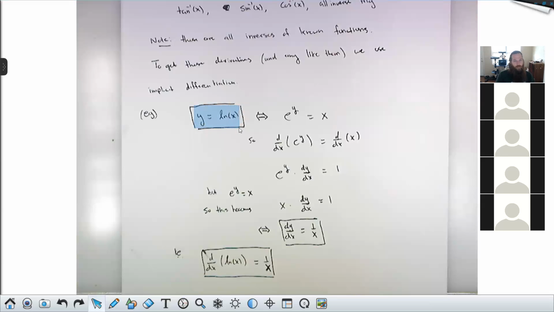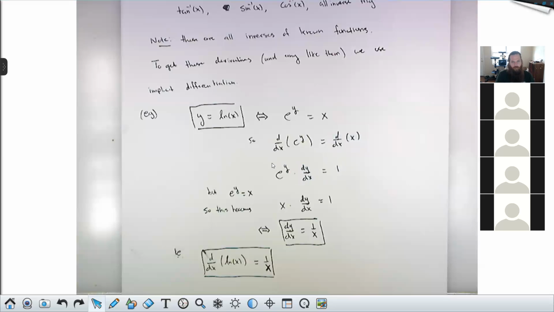I want to know what's the derivative of ln x. The left-hand side here, I use the chain rule. The derivative of e to the y should be e to the y, but since I have y as a function of x, y is not just the variable x, I have to multiply by the derivative of the inner function. And the derivative of x is just 1.